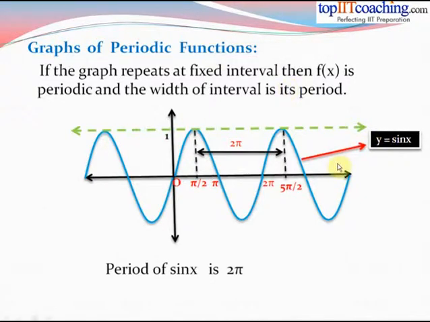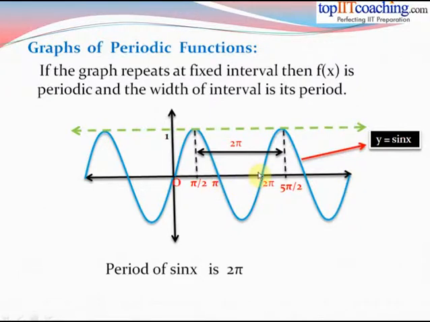This is the curve y equal to sin x. So it is equal to 0 at 0, it is equal to 1 at pi by 2, it is again equal to 0 at pi, it is equal to minus 1 at x equal to 3 pi by 2 and it is equal to 0 at the point 2 pi. Now this represents the curve y equal to sin x.